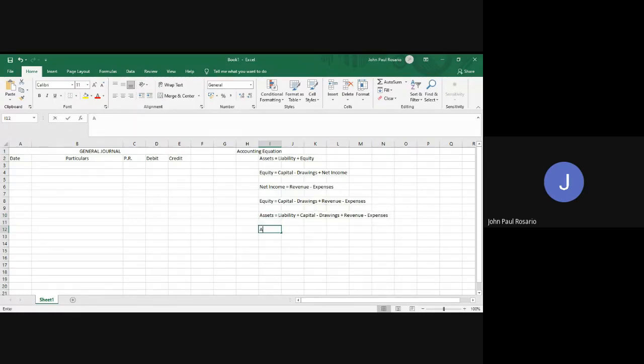So assets plus drawings plus expenses is equal to what remains: liability, capital, revenue. Okay? So in your T account, which pertains to our ledger in this case, why is it called a T account?